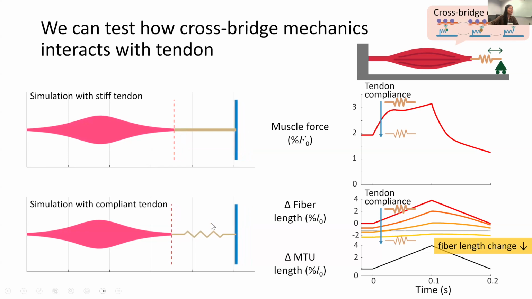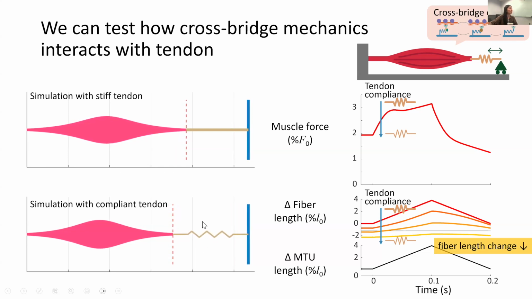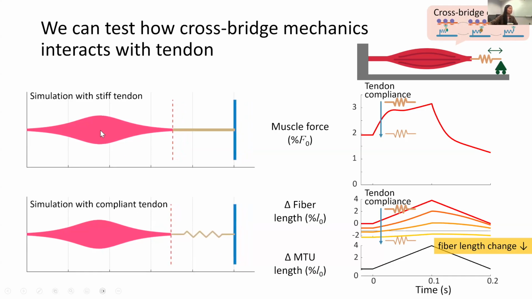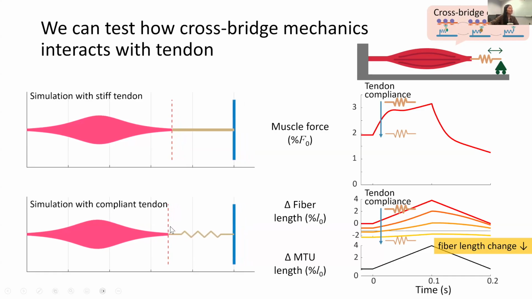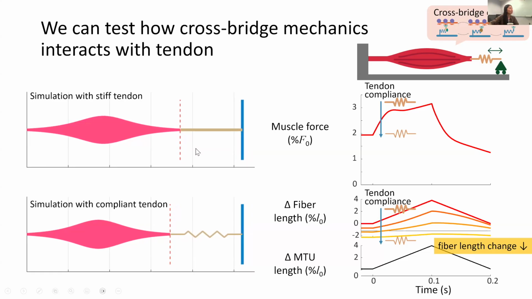Because when you have a compliant tendon, it will absorb some of the displacement that is imposed from outside. The contractile element shown in pink here is experiencing much less length change compared to the stiff tendon.